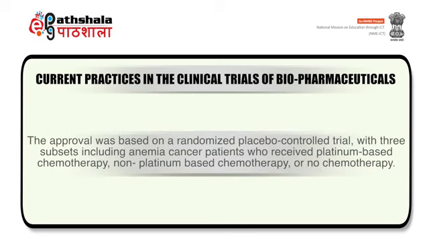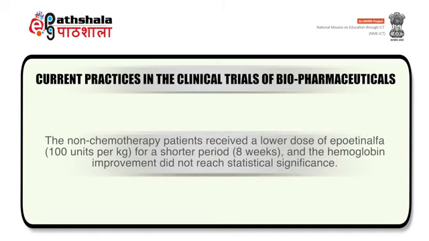The approval was based on a randomized placebo-controlled trial with 3 subsets including anemic cancer patients who received platinum-based chemotherapy, non-platinum-based chemotherapy, or no chemotherapy. The non-chemotherapy patients received a lower dose of epoetin alpha for a shorter period and the hemoglobin improvement did not reach statistical significance.